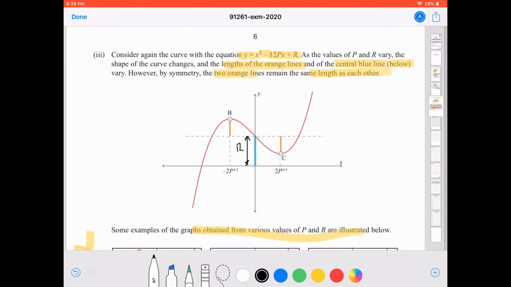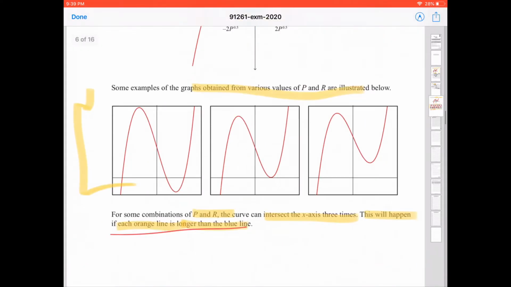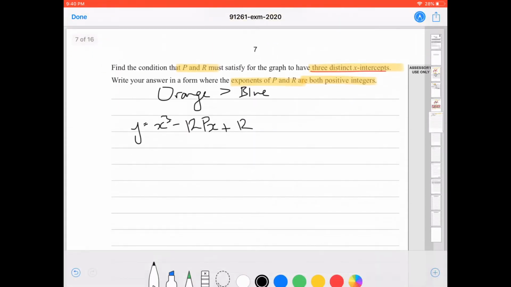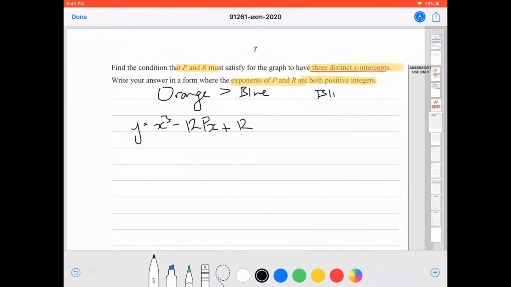That's the key thing here. R represents the blue line. And so we can say blue equals r because y-intercept.